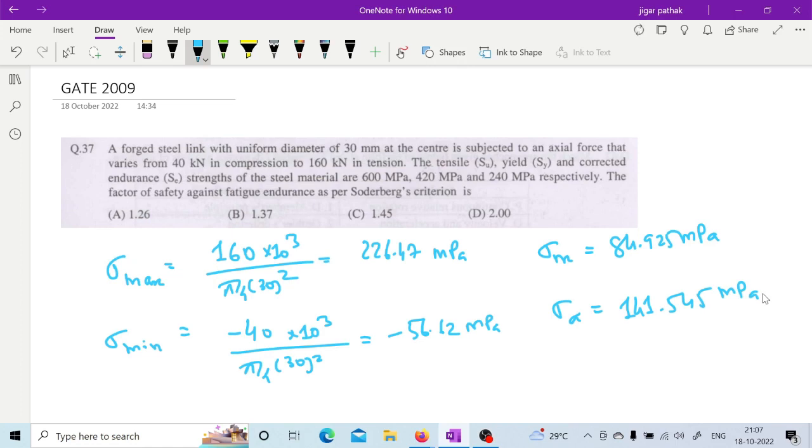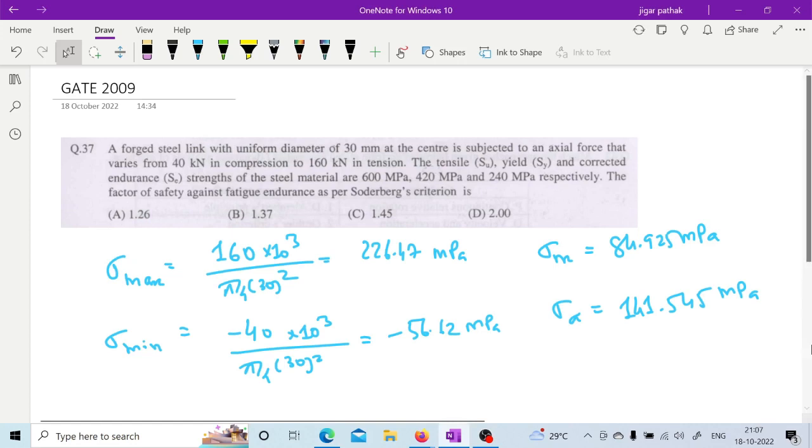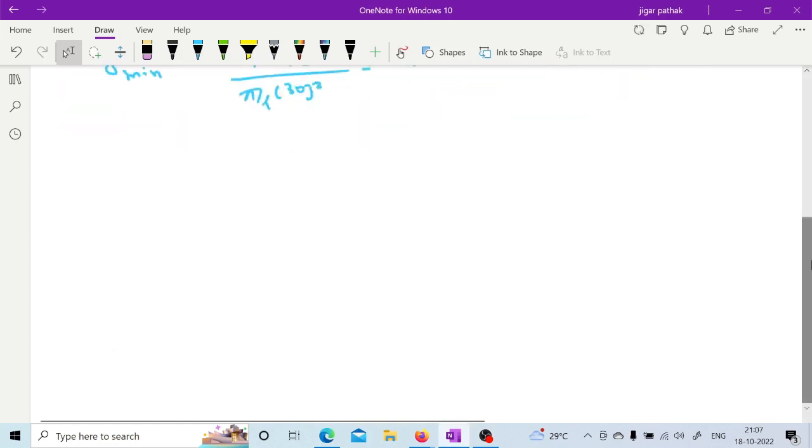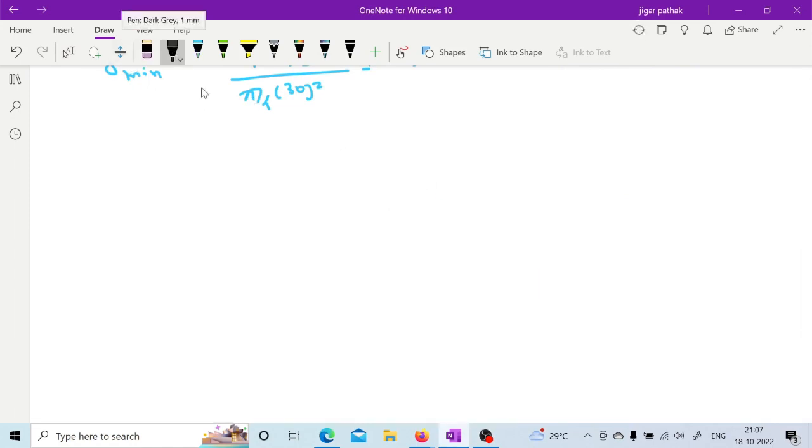So now Soderberg equation, you know, right? Soderberg line, you know. Please mute yourself.